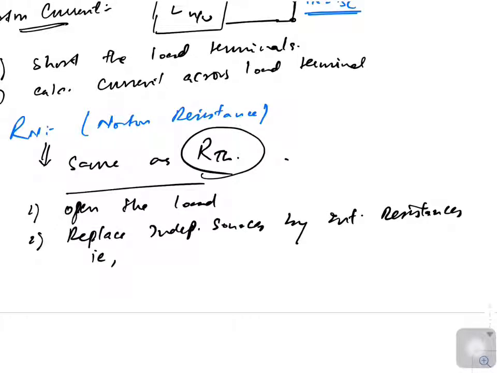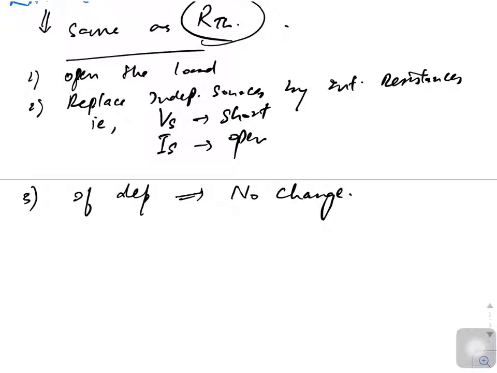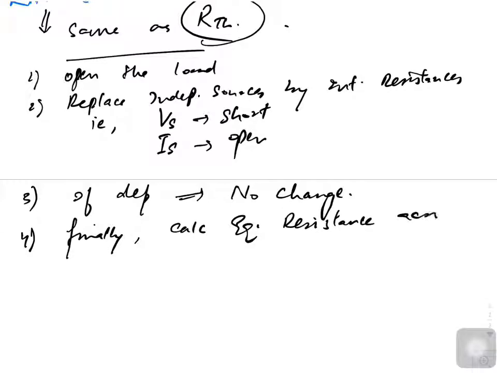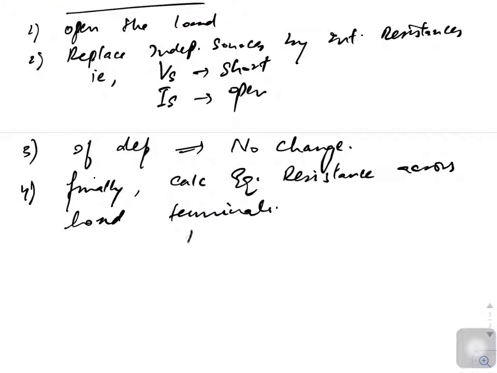If we are having a voltage source, we short it, and if we are having a current source, we open it. If there is any dependent source, we will not change anything; it will remain a part of the network like a resistor does. And finally, we calculate the equivalent resistance across the load terminals. So these steps are the same as RTH, and will give us R Norton.